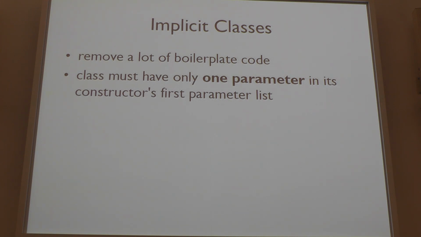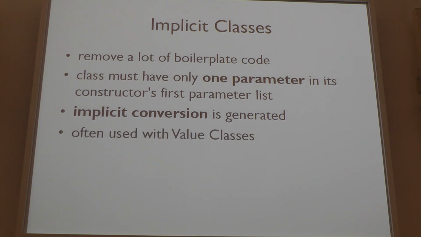There can be another parameter list, but let's not go into that. And the implicit conversion from the parameter of your constructor to your class is automatically generated for you. And this is often used with your value classes.